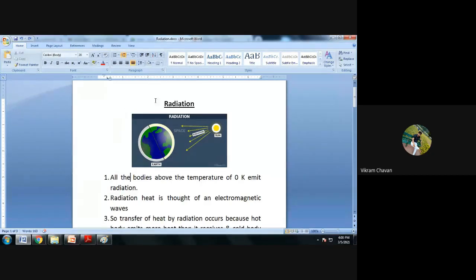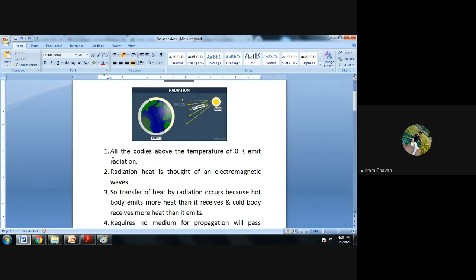Give the heading as radiation. This is the third mode of heat transfer, that is radiation. That was the first point.